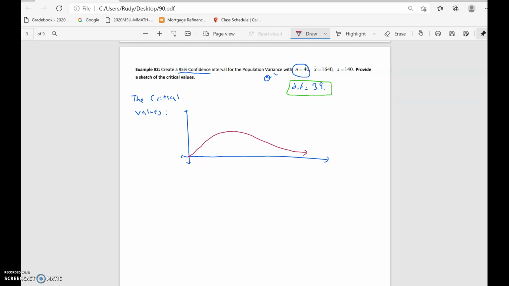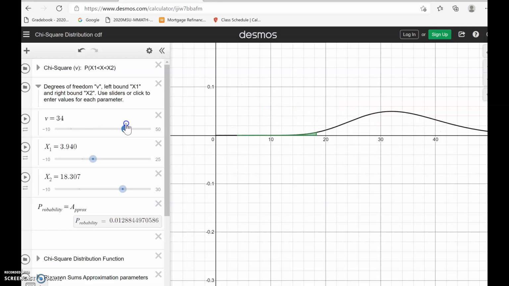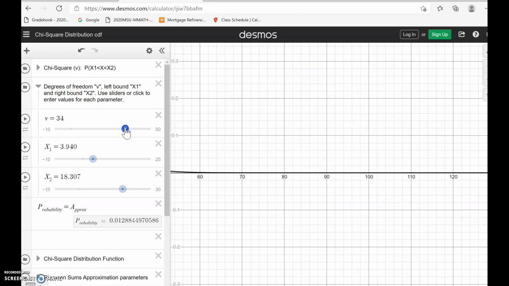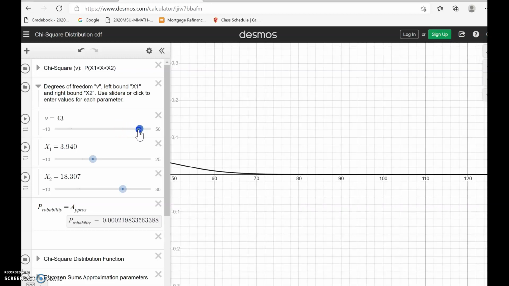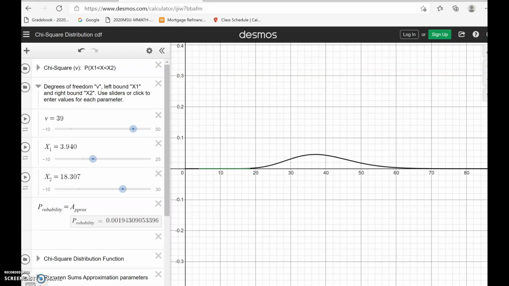Let me just clarify this with actual decimals. So remember that we did one of the labs, and here's the basic idea. So that's a degree of freedom of 8. Ours has 39, so as your degrees of freedom increase, your actual chi-square distribution looks approximately bell-shaped.